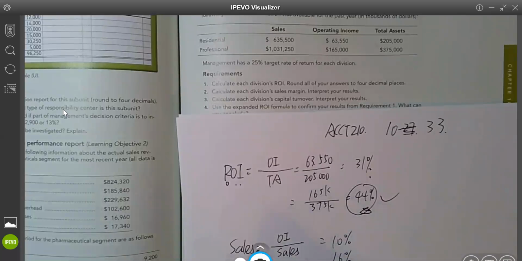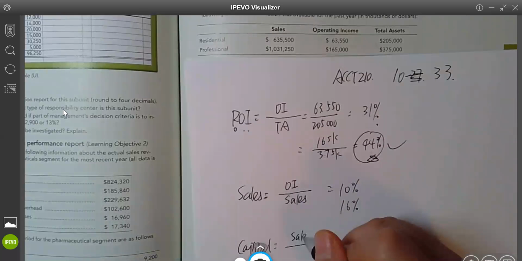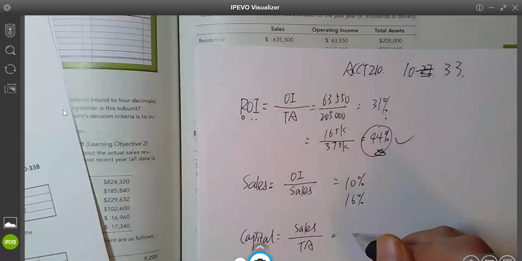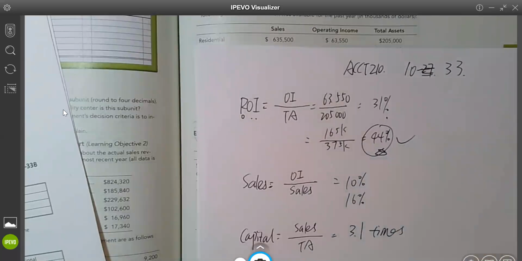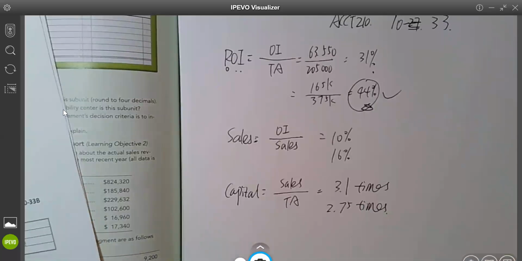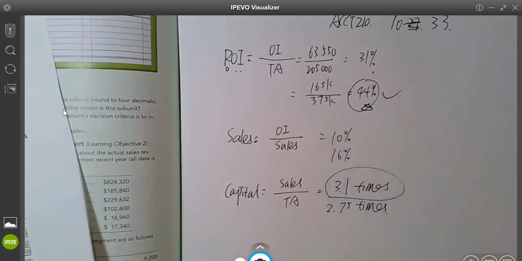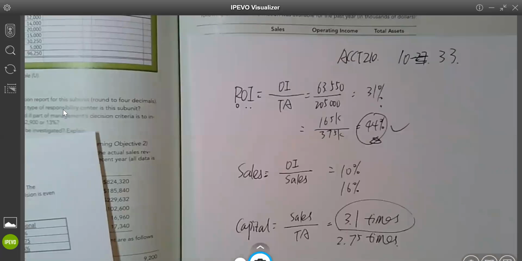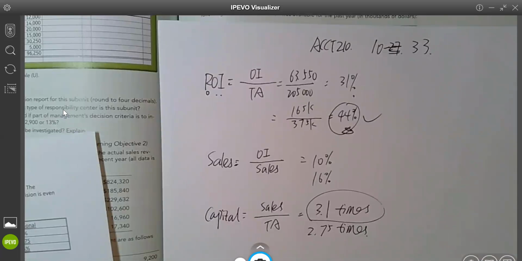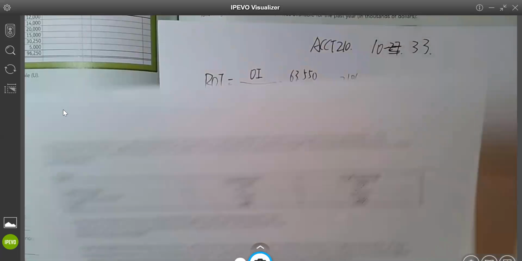And the third one, talking about capital turnover, we said basically is your sales divided by your total assets. If you do all the numbers, the residential is 3.1 times, and professional is 2.75 times. What's the meaning of that? That means every time you put in your assets, your residential can turn $1 into 3.1 times revenue, but the professional only turns total assets 2.75 times into revenue.